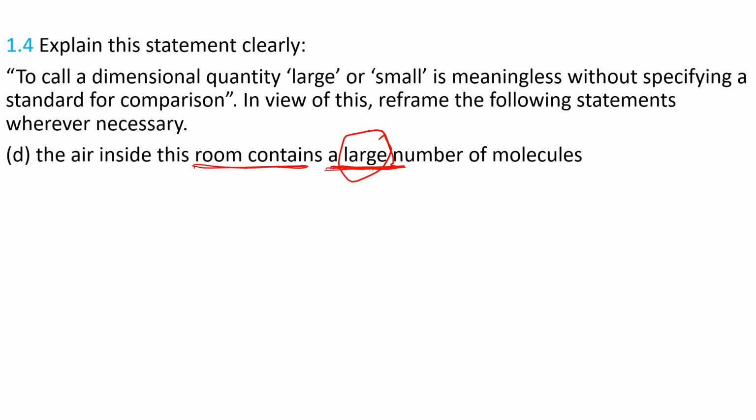Obviously the number of molecules in the whole room is much larger as compared to that in a small box in the room. So we can say that the air inside this room contains a large number of molecules as compared to that of a box in that room.